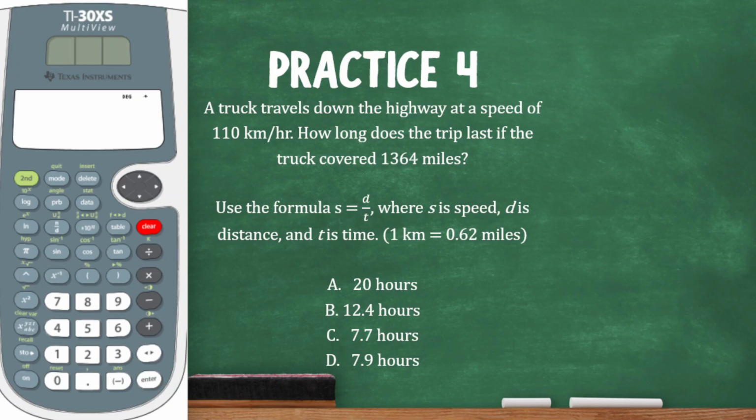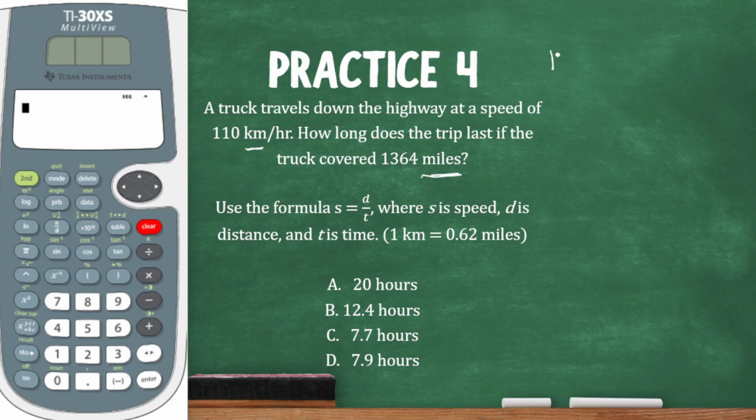So this isn't going to be as easy as just plugging it in because one of our units is miles and the other has kilometers in it. So we're going to need to convert either the kilometers to miles or the miles to kilometers. And let's just convert this one to kilometers.